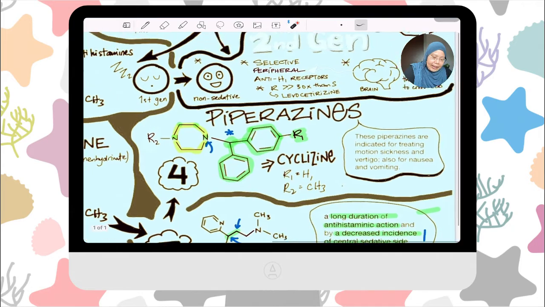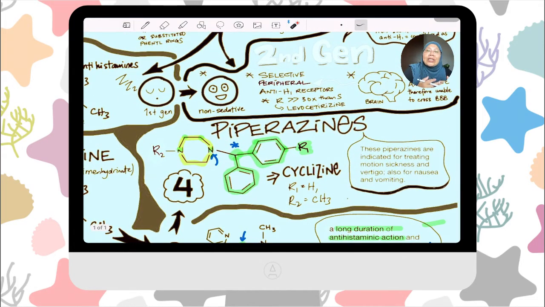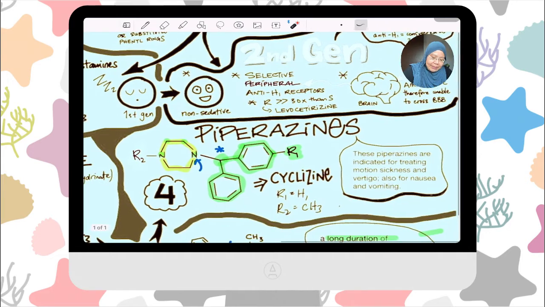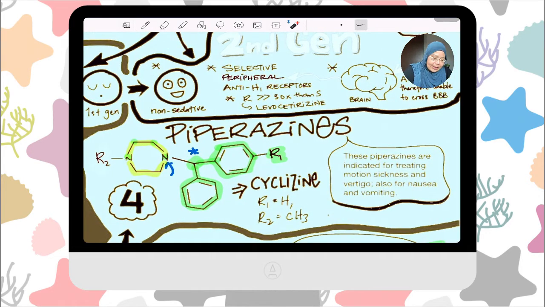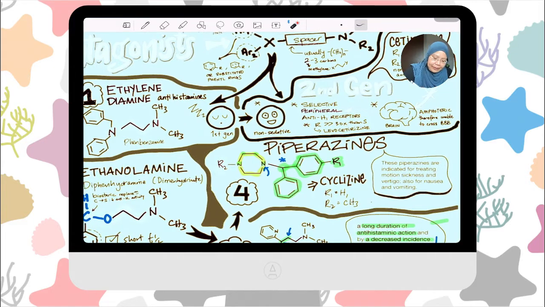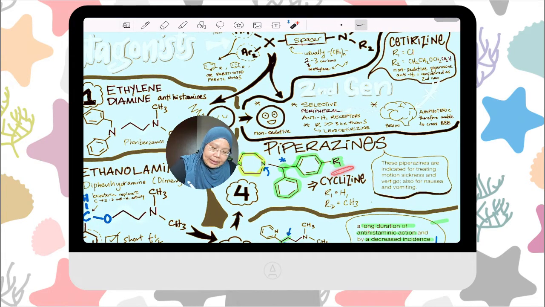Let's move on. Now we are getting closer to the second generation of antihistamines. In this second generation, it's essentially the same piperazine class of compound, but now R1 is Cl, chlorine. The R2 is a bit longer.